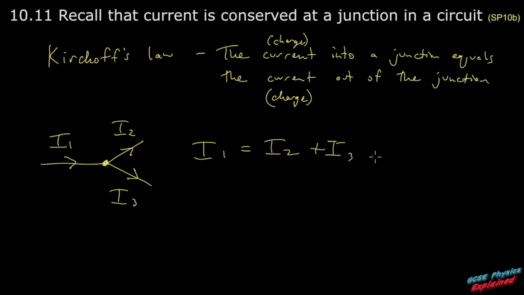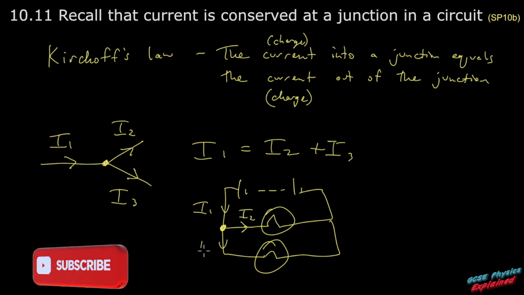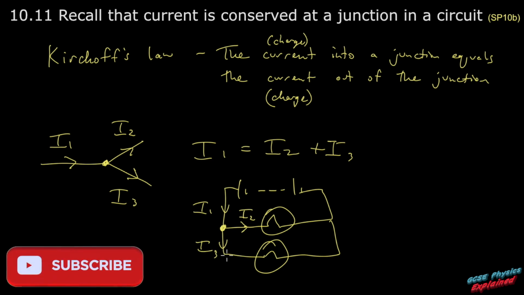plus I3. In a proper circuit, it could be like this. So it would be a parallel circuit. Because remember, there are no junctions in a series circuit. So this would be I1 coming down there, I2 coming across here, and I3 going across there.